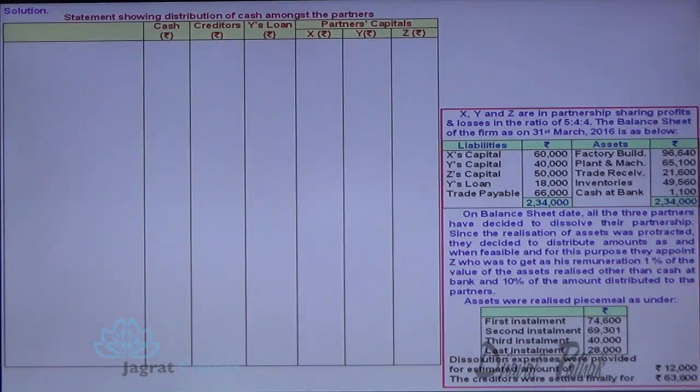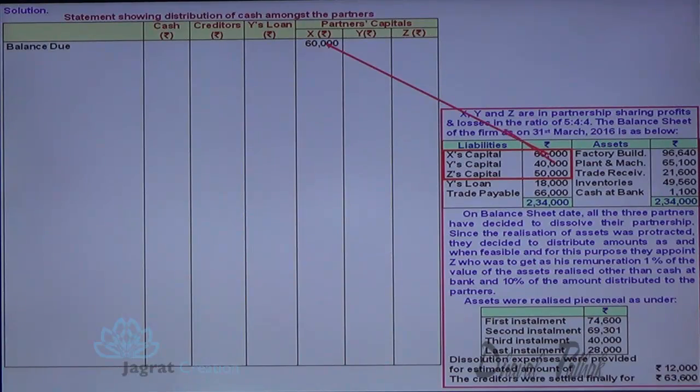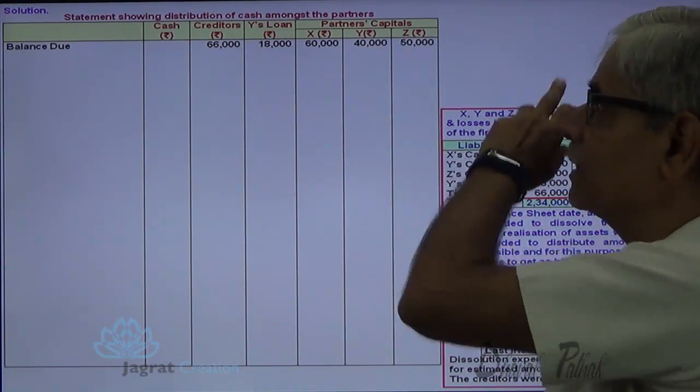So this is a part of the sum that I have read before you. I will write down capital of X, Y and Z, Y's loan 18,000, creditors 66,000. So these are the balances I have recorded.